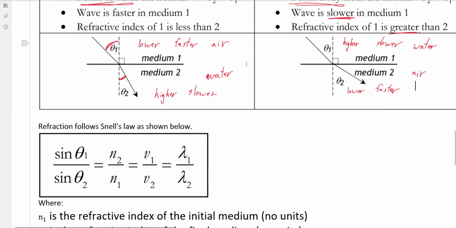Okay, so let's consider what this actually looks like if we have different surfaces. Let's have air up here and water down here. Why is it bending one way or the other? Well, if you can imagine you're pulsing light in waves, in rows, okay? So the light is going to go like this in pulses towards the surface.